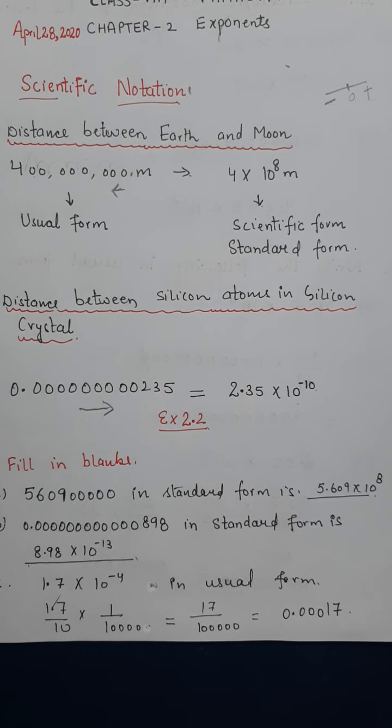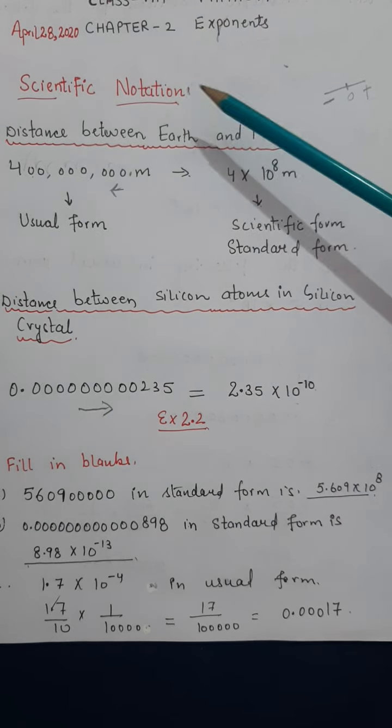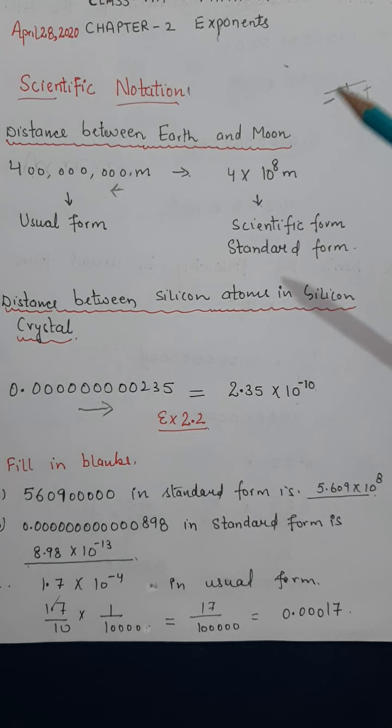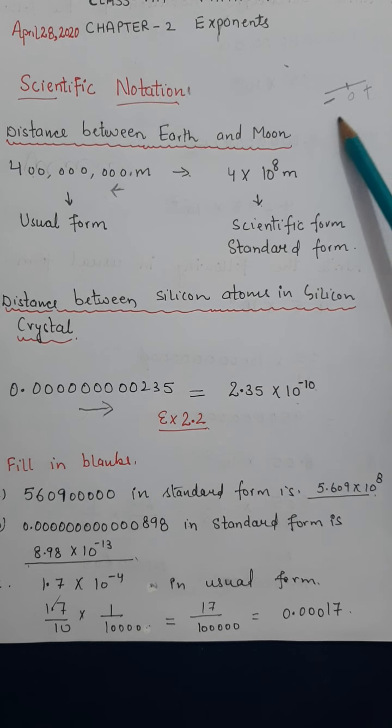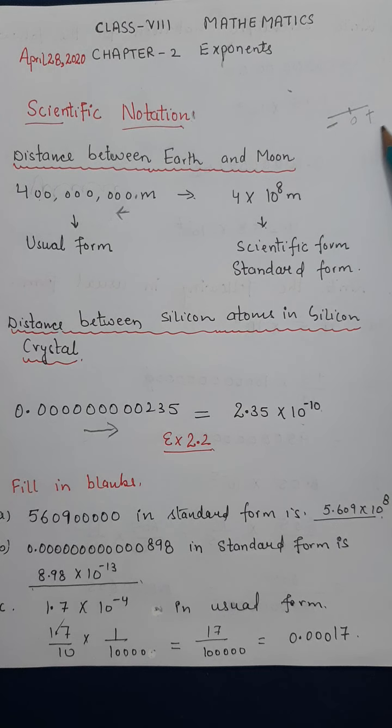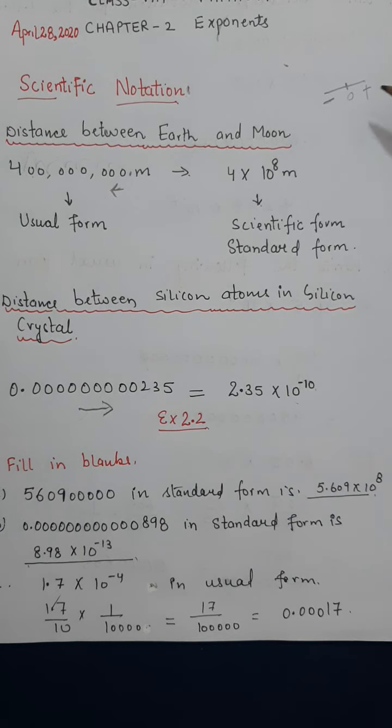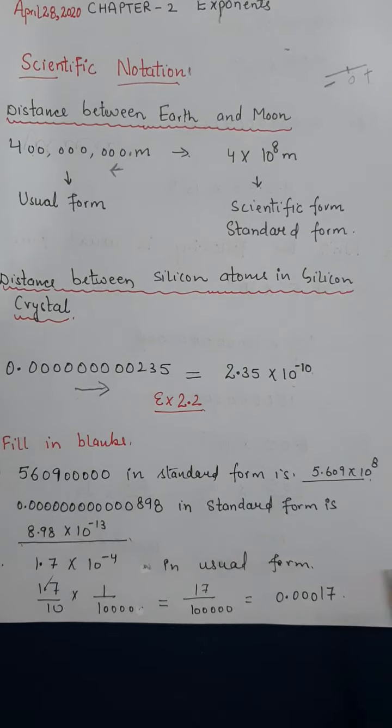Keep in mind, for the standard form, on the left side we will add, or this side we will subtract. There will be a positive sign this way, and a negative sign this way, just opposite to the number line. Clear? Now let's start exercise 2.2.